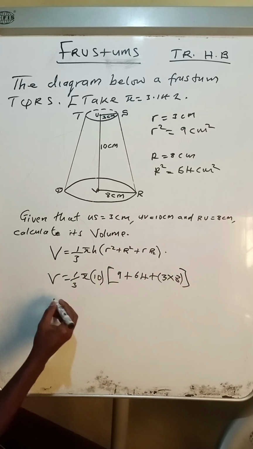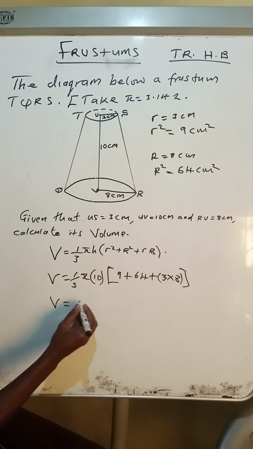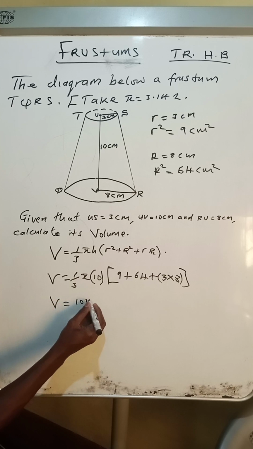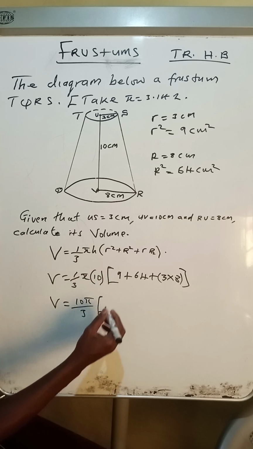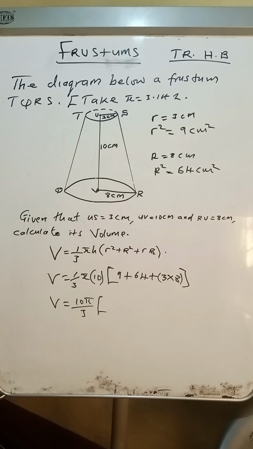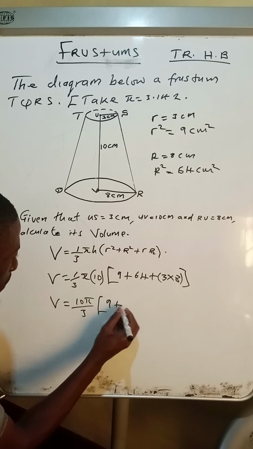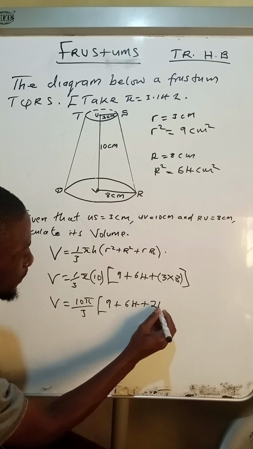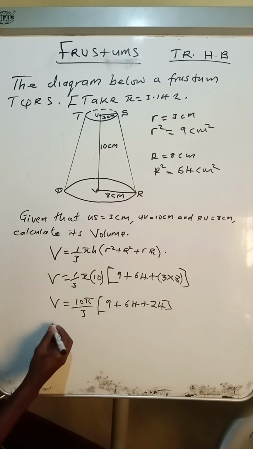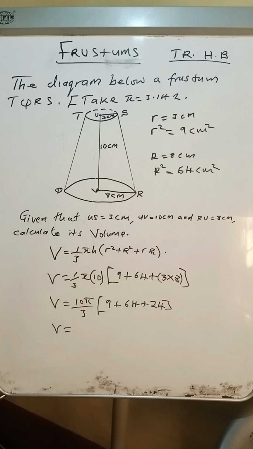So our volume will be equal to 10 pi over 3, multiplied by the bracket: 9 plus 64 plus 24.